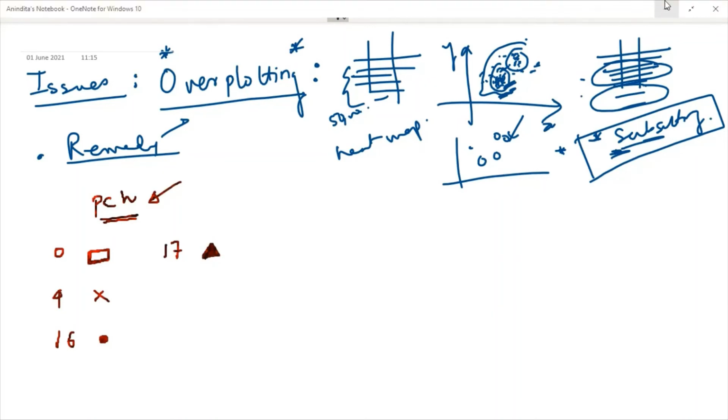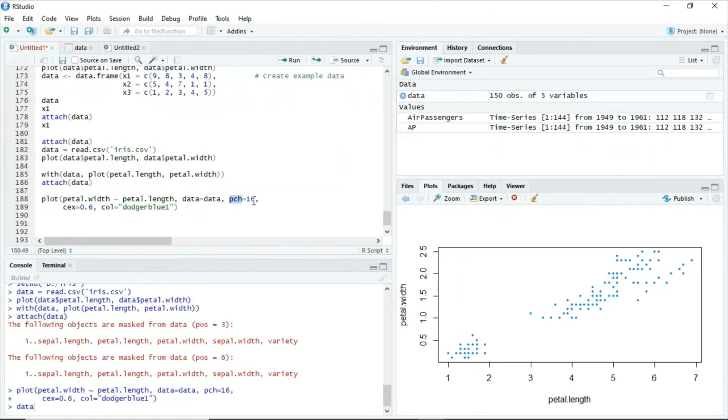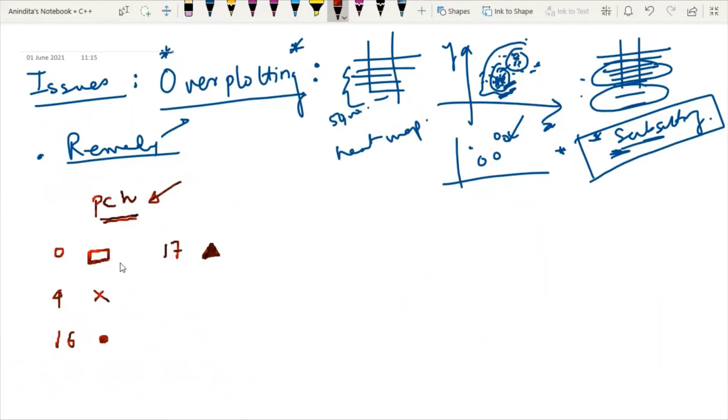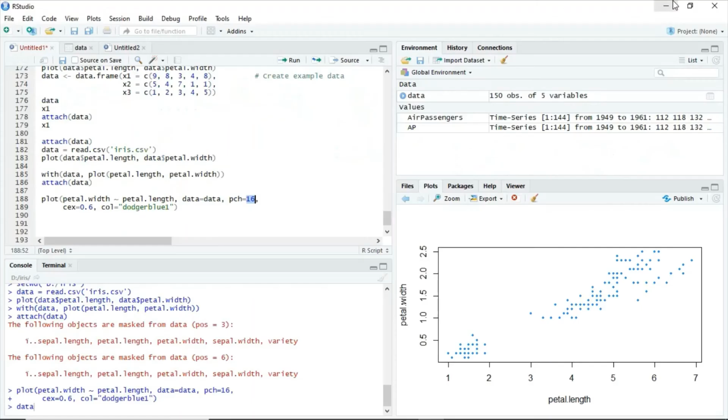So here see the plot. My pch value is 16. According to my representation, 16 means filled dot. That's why in the scatter plot I am getting filled dots. And now we have one parameter, cex 0.6. cex 0.6 means scale the points by 0.6.